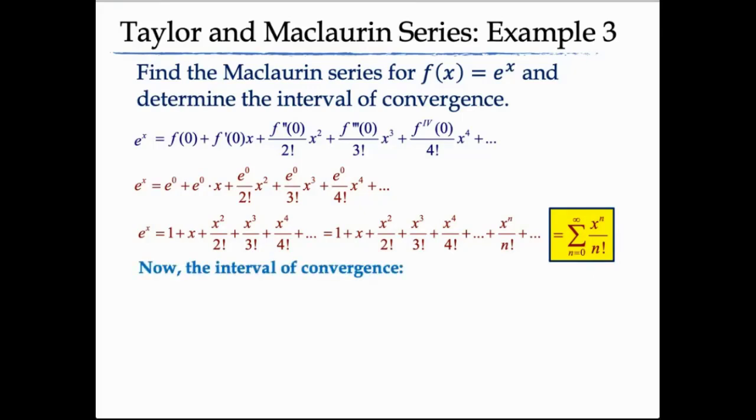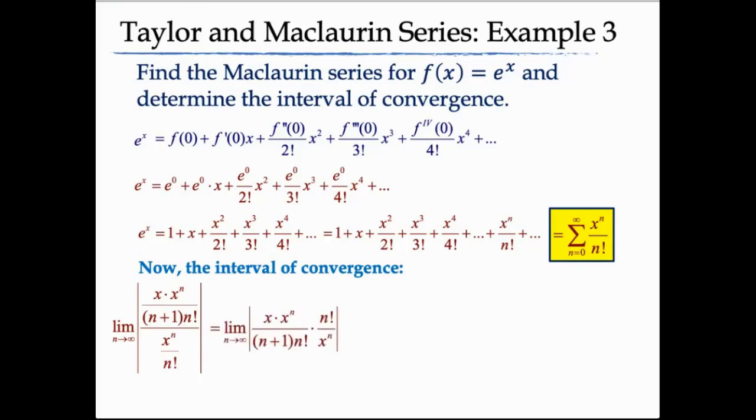Okay, so now let's go ahead and find the interval of convergence. To find the interval of convergence, we're going to just use the ratio test again. So when is the common ratio, the a sub n plus 1 term over a sub n, when is the limit as n goes to infinity of the absolute value of that going to be less than 1? So we have to evaluate this.